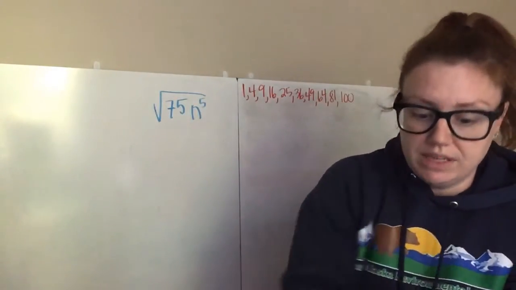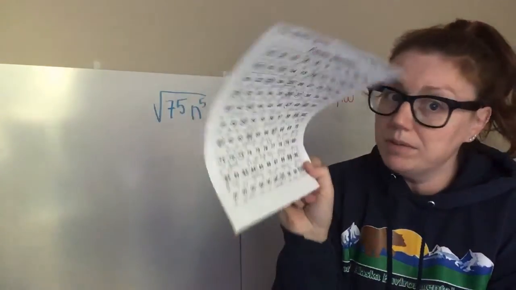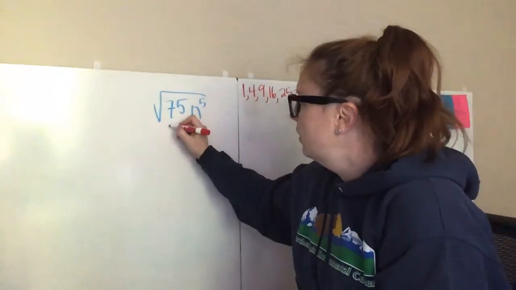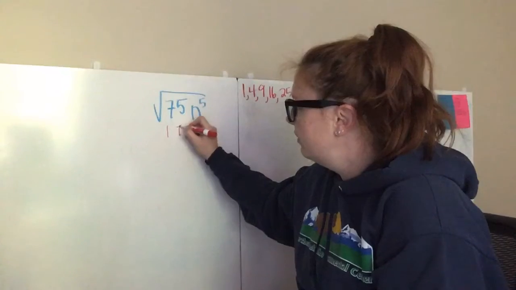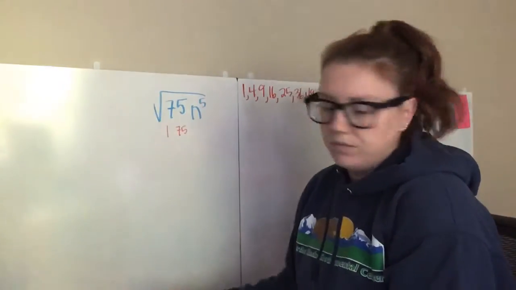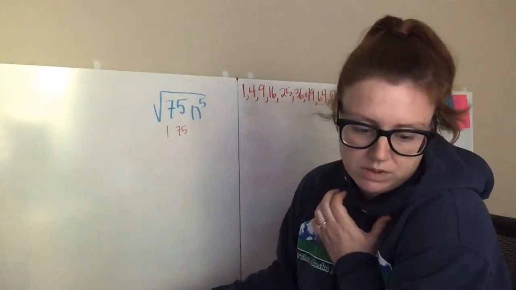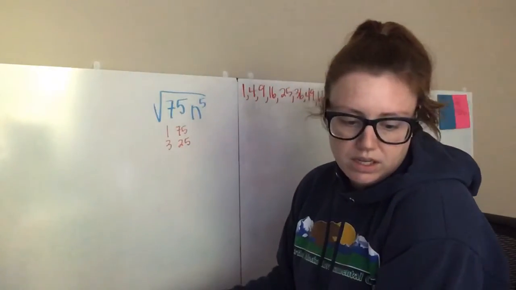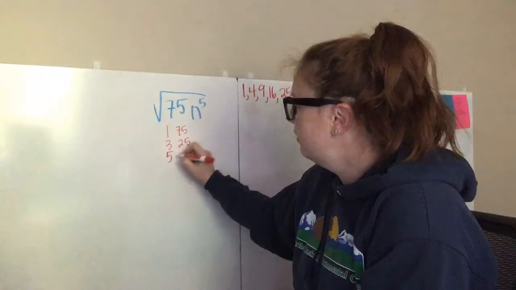All right, so 75. If I look at my factor squares, 75, 1 and 75. What else? 3 and 25. And 5 and 15.